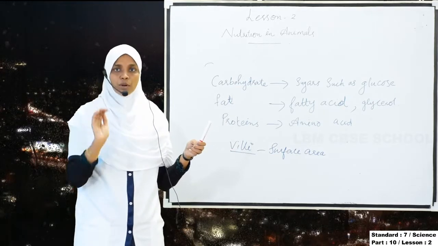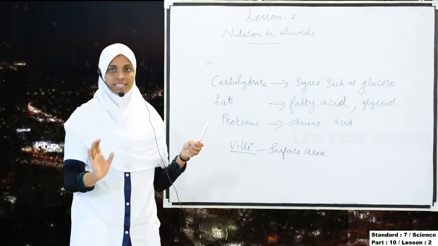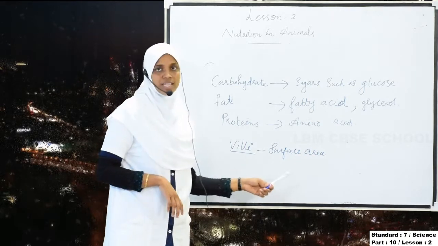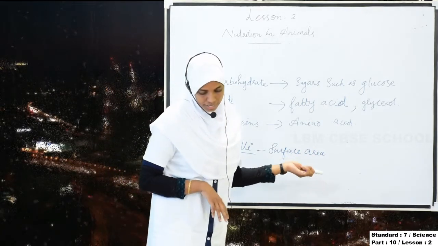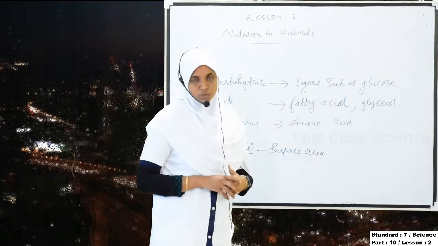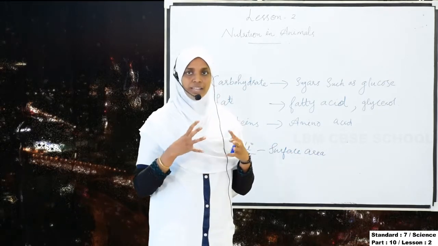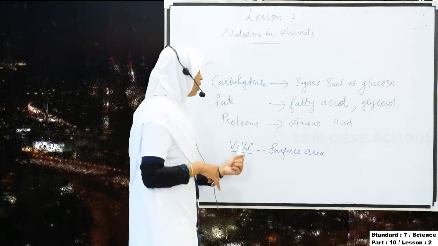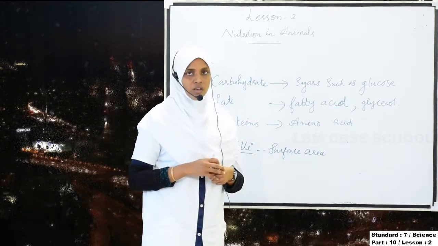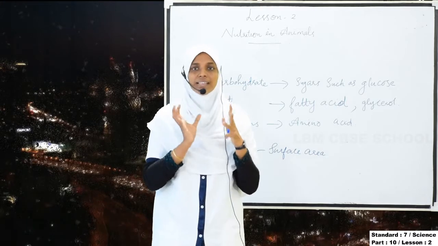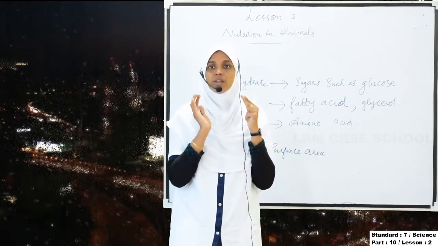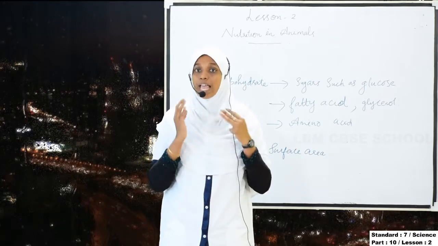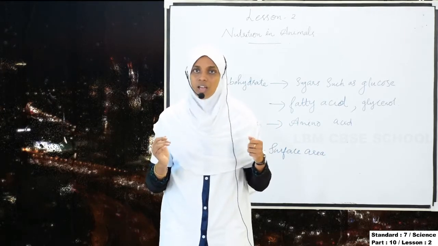There are thousands of finger-like projections present in the small intestine, called villi, and the villi increases the surface area of absorption of the digested food. It helps to increase the surface area.